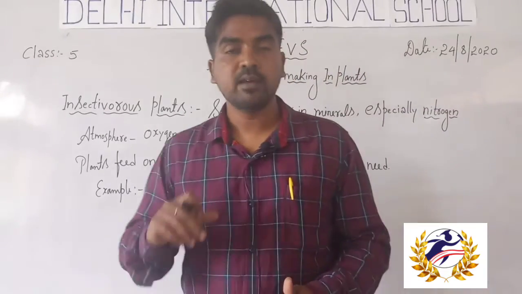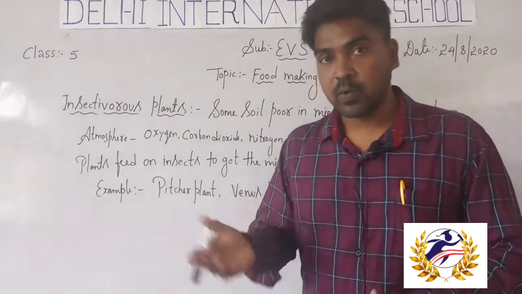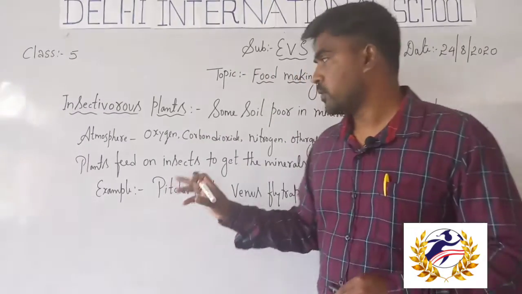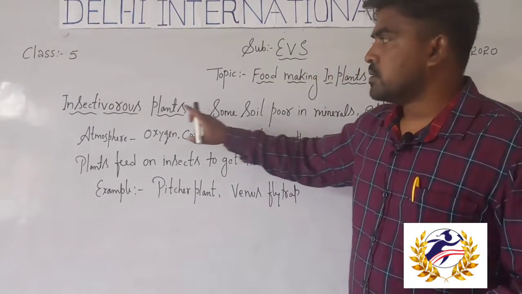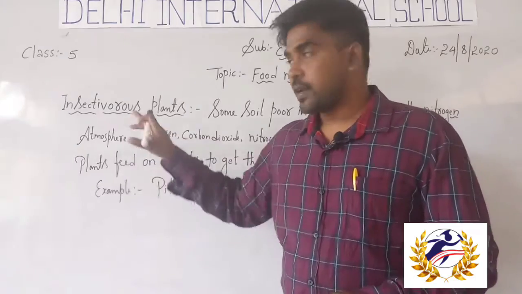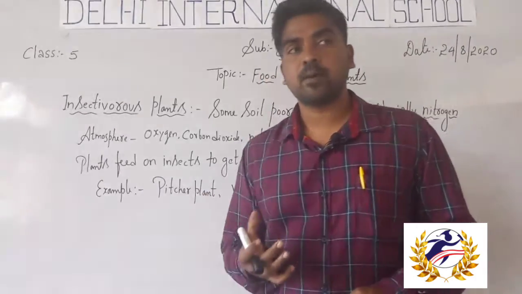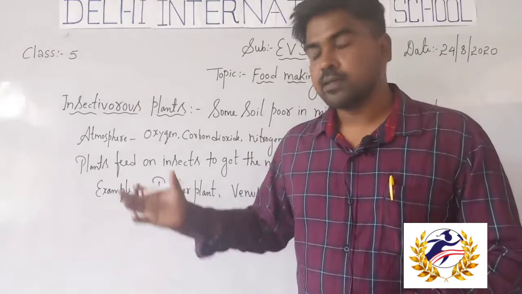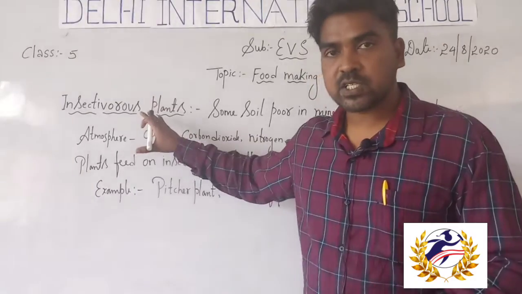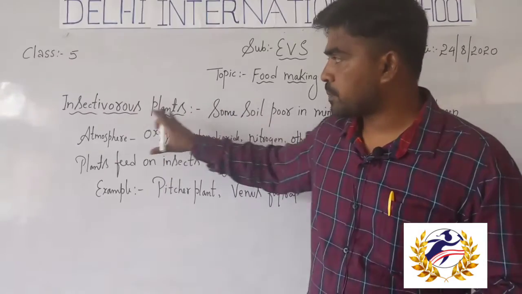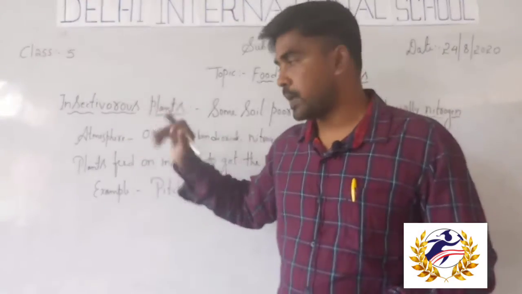The content of nitrogen is more and other gases are also present. We require nitrogen, and even plants require nitrogen. In case the plants don't get proper nitrogen, such plants will depend on insects. So this process takes place in insectivorous plants.